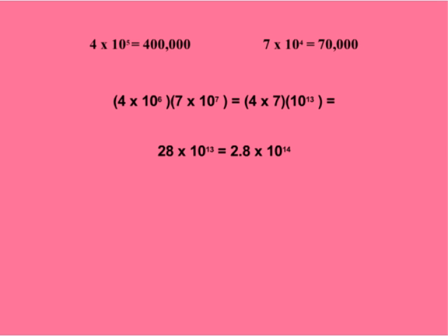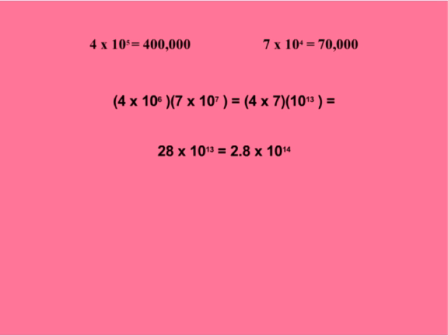Now if you're multiplying two terms that are represented in scientific notation, you're going to want to combine like terms. So if we've got 4 times 10 to the 6th times 7 times 10 to the 7th, combine like terms.